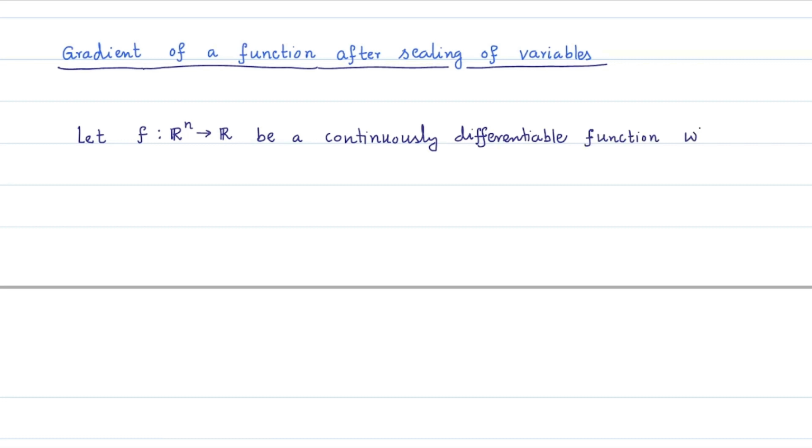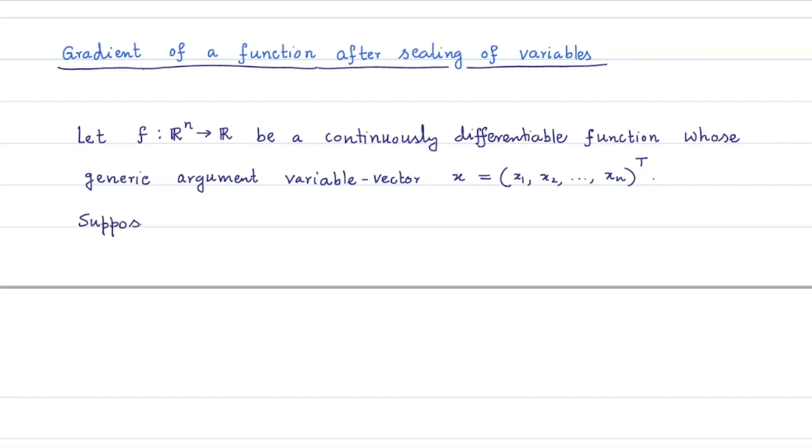And let for this function the generic argument variable be the vector x that has n many components, say x1, x2 till xn. Now on this variable vector x, we employ a transformation or scaling of variables by a matrix, say capital T, which is a non-singular matrix of order n by n.